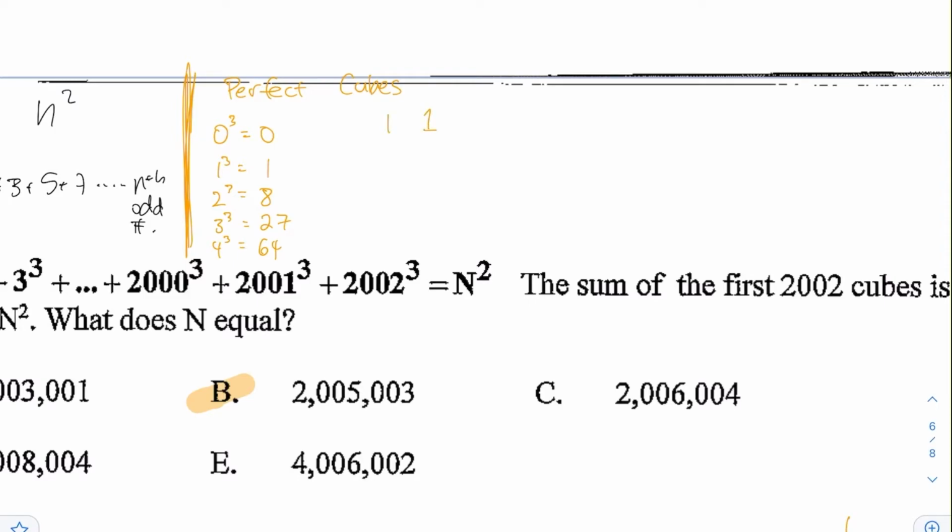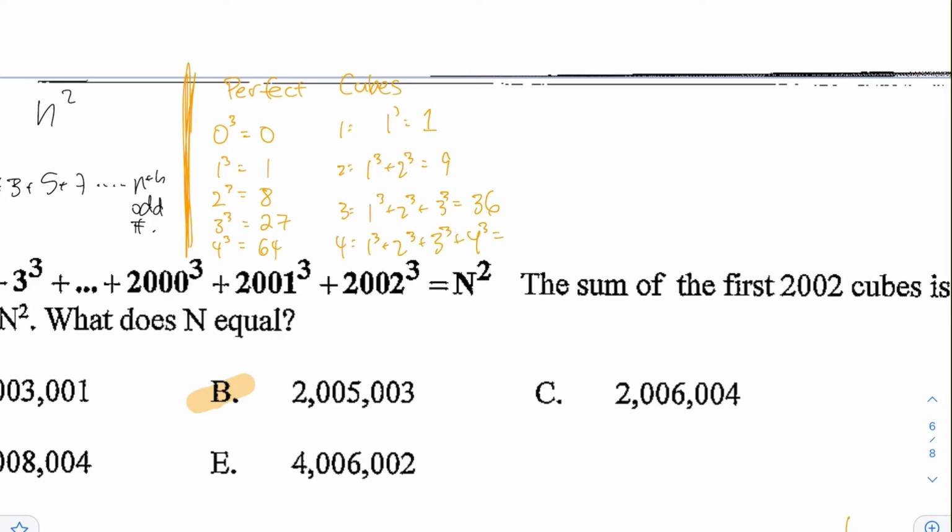Then if you have 1 cubed plus 2 cubed, the first 2 cubes, this would be 1 plus 8, or 9. And then the first 3 cubes will be 1 cubed plus 2 cubed plus 3 cubed. And 1 plus 8 plus 27 is 9 plus 27, which is 36. And then the first 4 cubes will be 1 cubed plus 2 cubed plus 3 cubed plus 4 cubed.